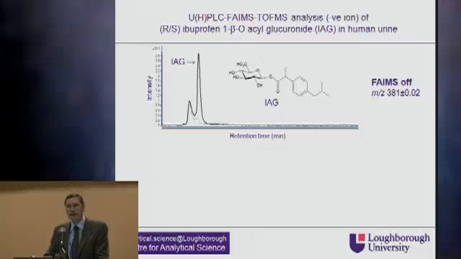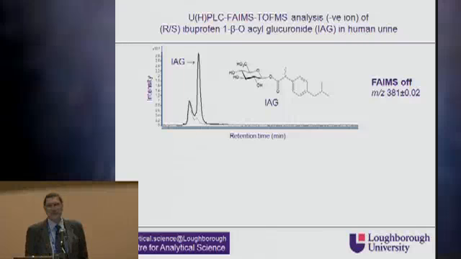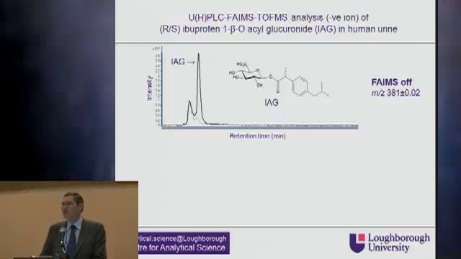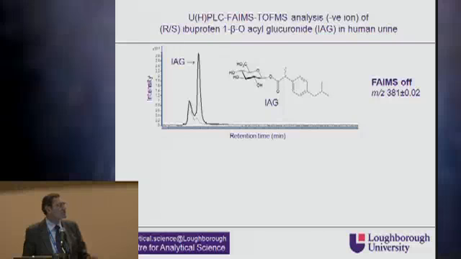Setting up this analysis, we used a UPLC method in which we tried to reduce as far as possible the retention time for our IAG metabolite. And so we've pushed that as short as we possibly can, commensurate with it being retained on the column, allowing the non-retained components and weaker retained components to wash off the column before the elution of the IAG peak along here.